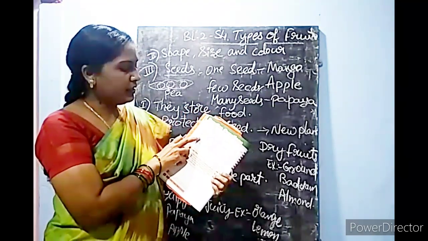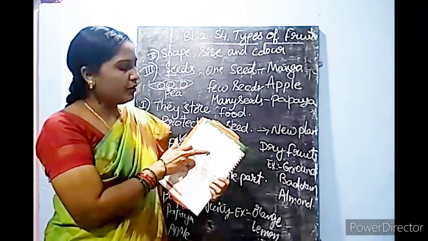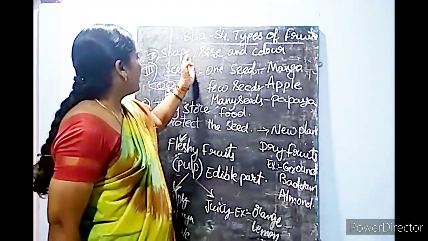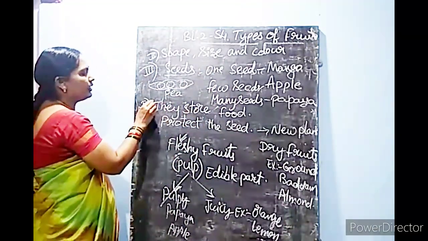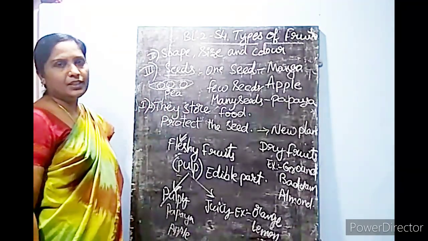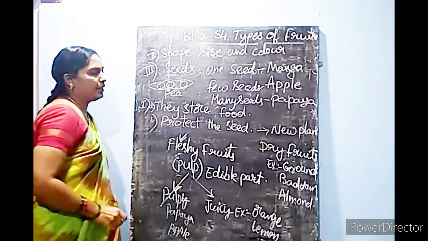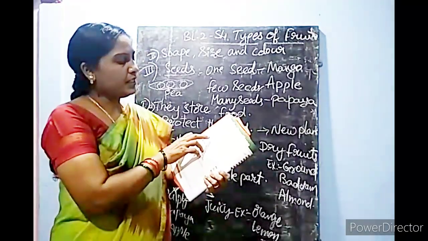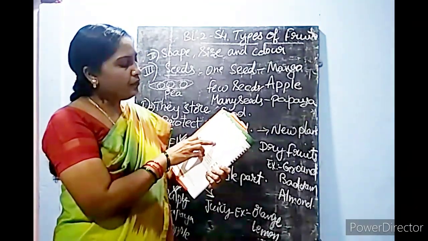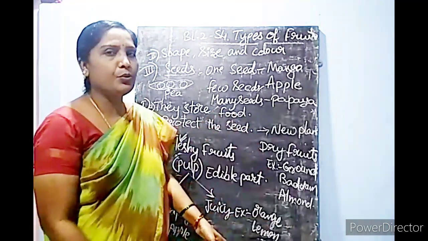And the next one, what is the function of fruits? Here the answer is, they store the food for the plant and they also protect the seeds. Okay? And the next one, how is a fleshy fruit different from a dry fruit?